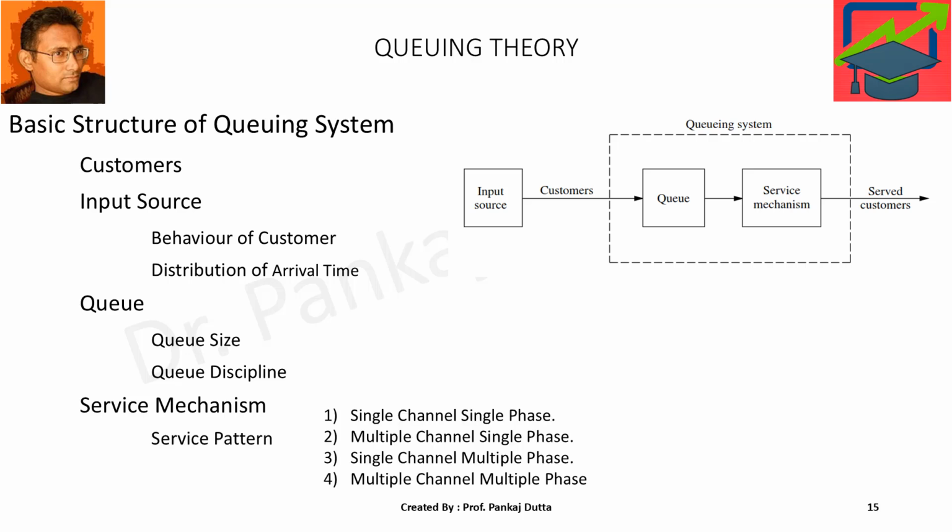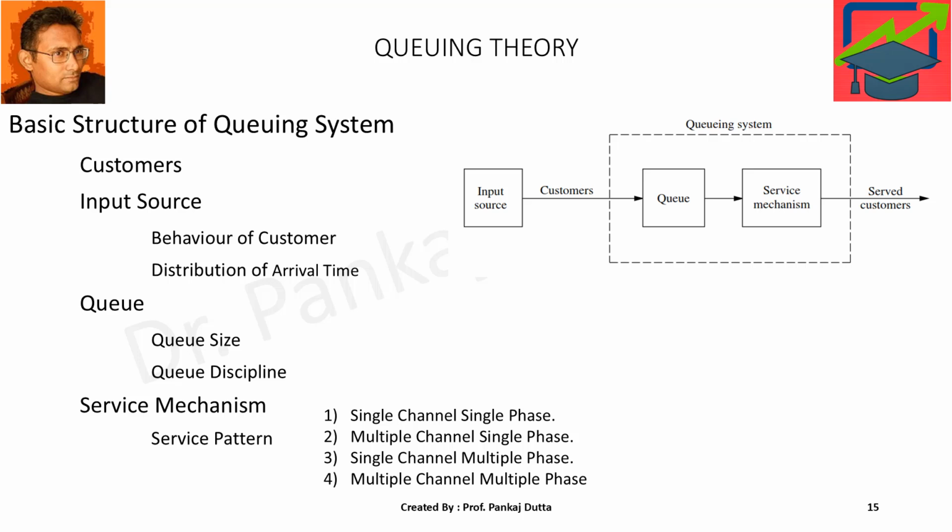The service pattern can have different combinations of channels and phases. It can be single channel, single phase. For example, the payment facility of a small retail store having only one counter. The service pattern can be multiple channel, single phase. The payment facility in a departmental store having a number of counters is an example of that. It can be single channel, multiple phase.